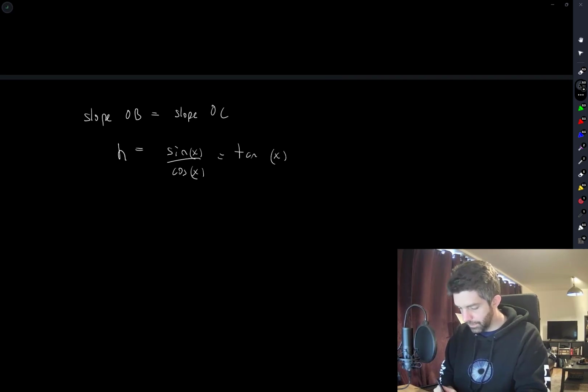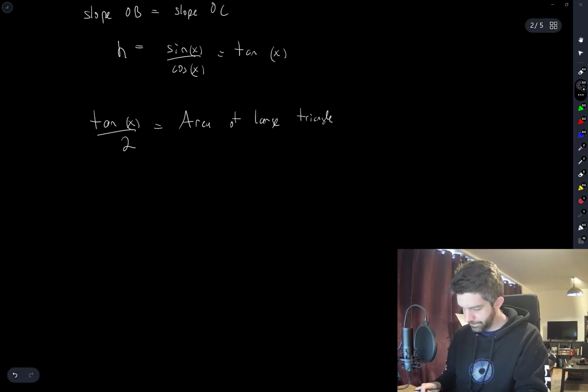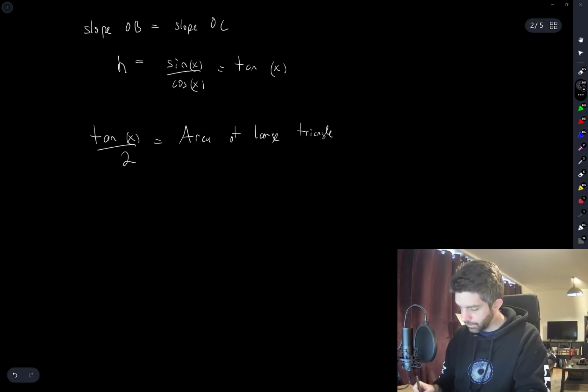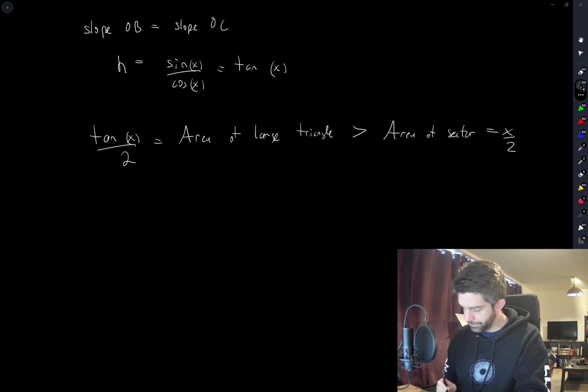And so the area of the large triangle is clearly strictly greater than the area of the sector, which is x over 2.